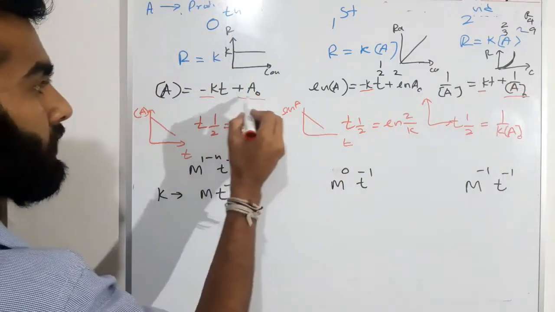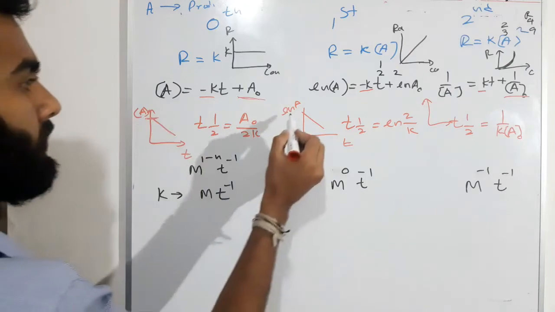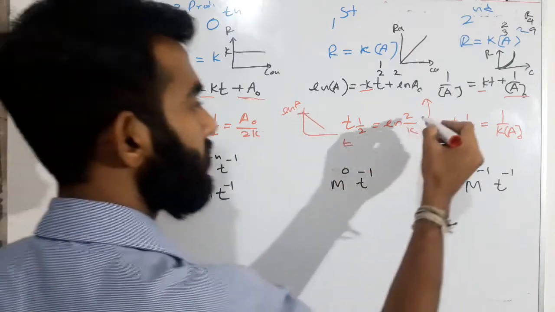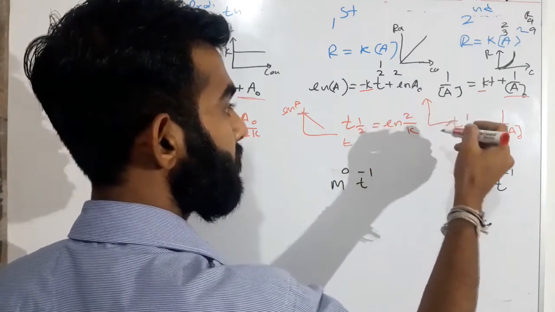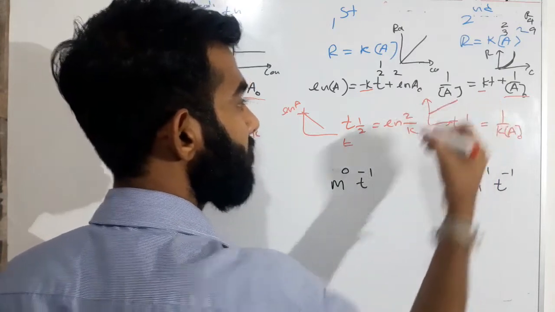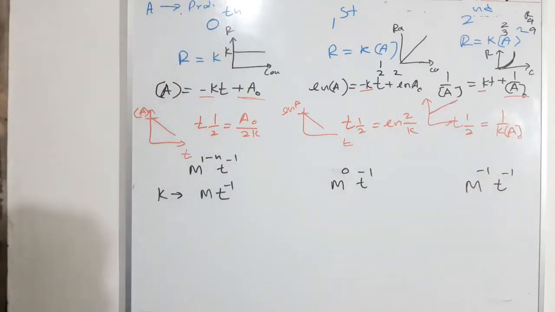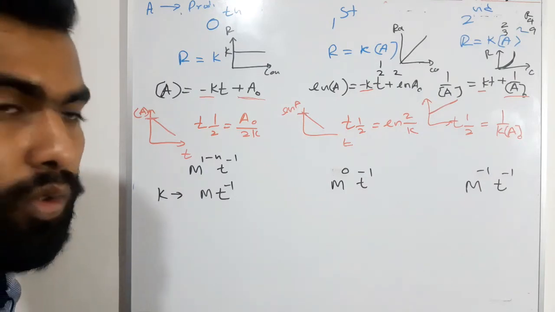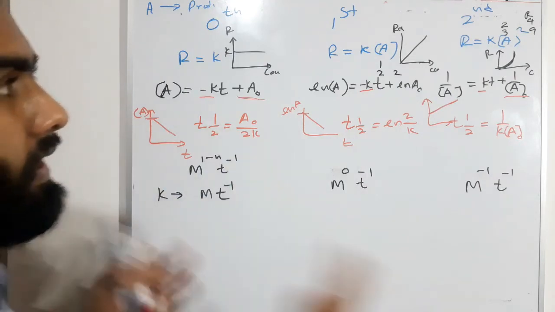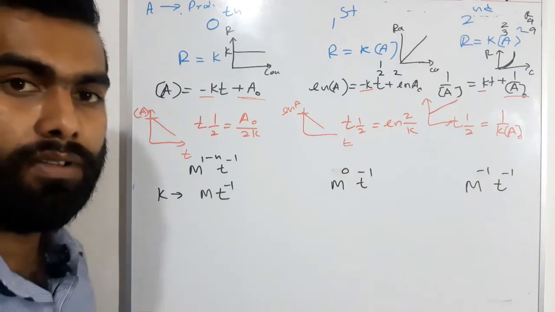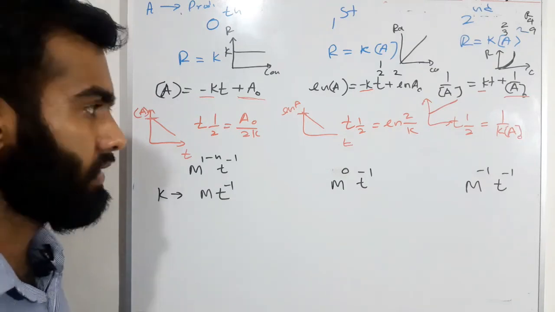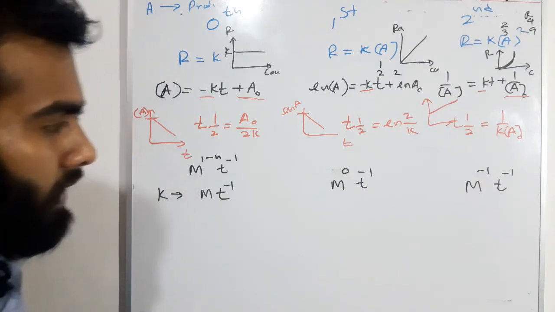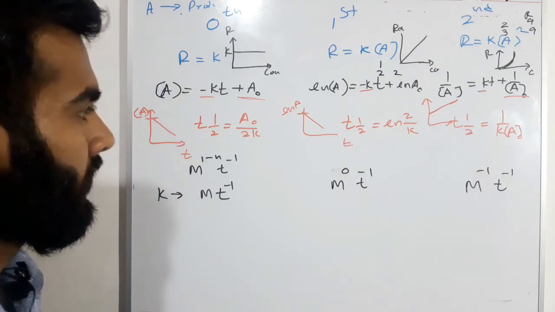All of these have positive intercepts. However, here it has a positive intercept and positive gradient, that means its graph was like this. Okay, these are the main things you have to know when comparing zeroth order, first order and second order reactions. So this is the summary and other things.